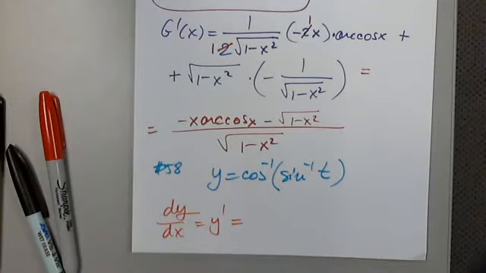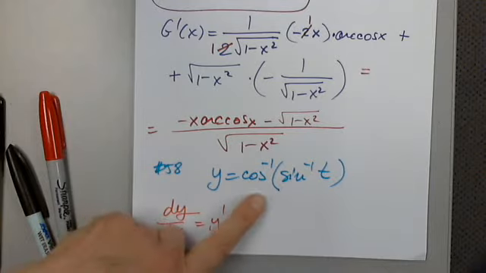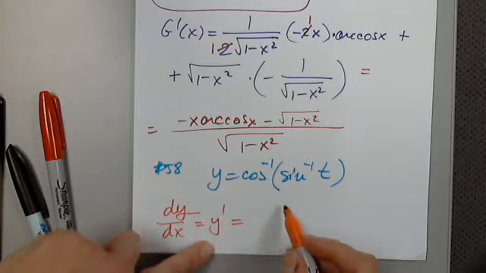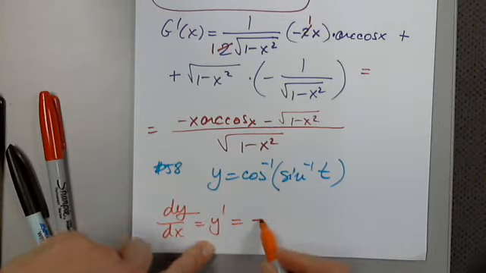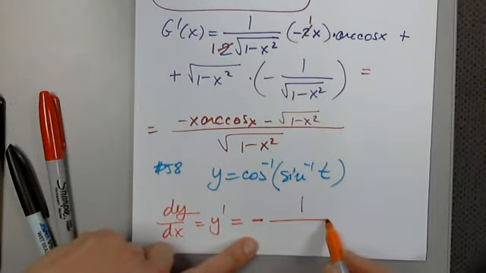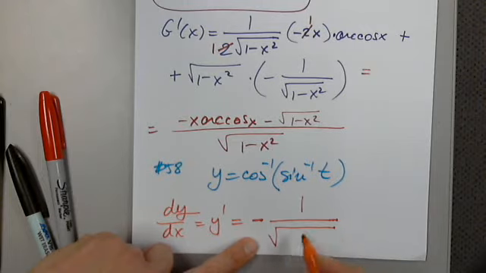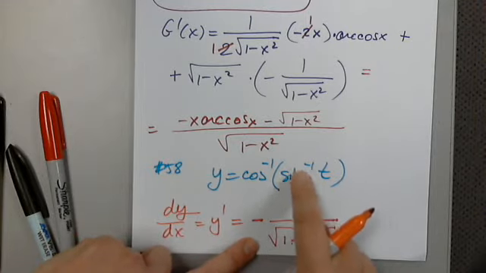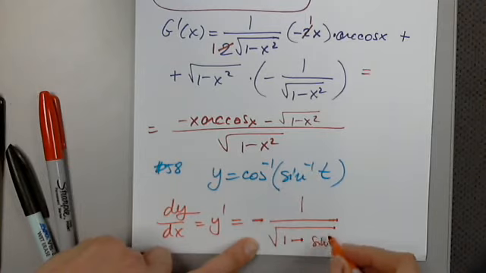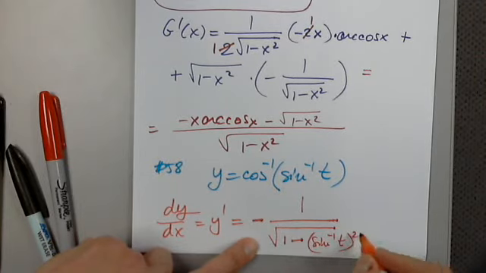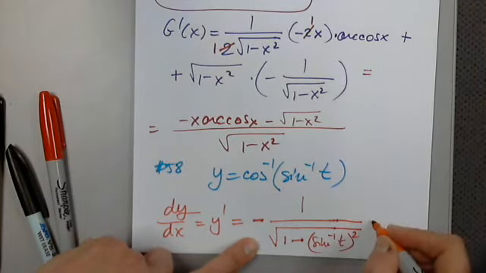The outer function prime. We know that our cosine prime is negative in front, then 1 over the square root of 1 minus sine inverse t squared, times.